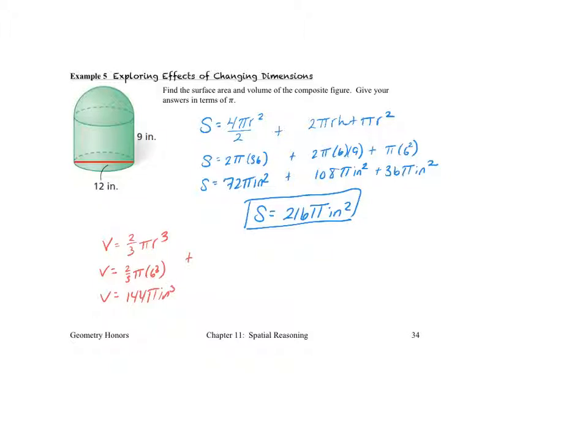Plus, the volume of the cylinder is going to be capital B H, which is pi r squared h. Pi times 6 squared times the height of 9, and that's 324 pi inches cubed. And so therefore the total is going to be equal to 468 pi inches cubed.